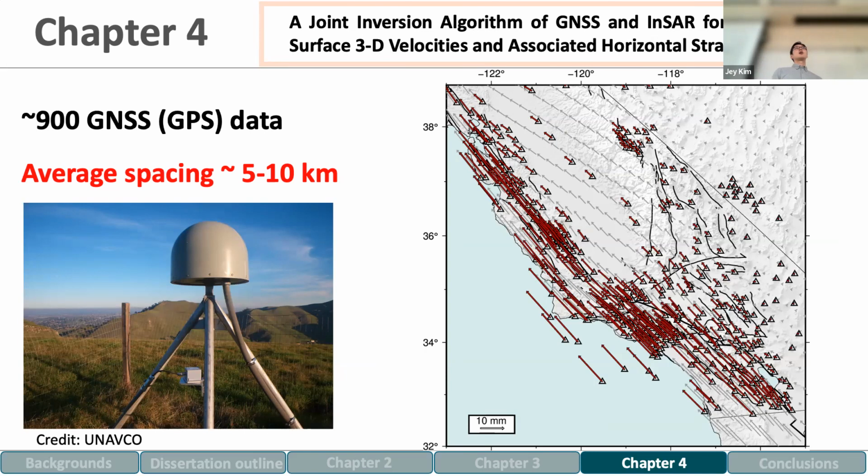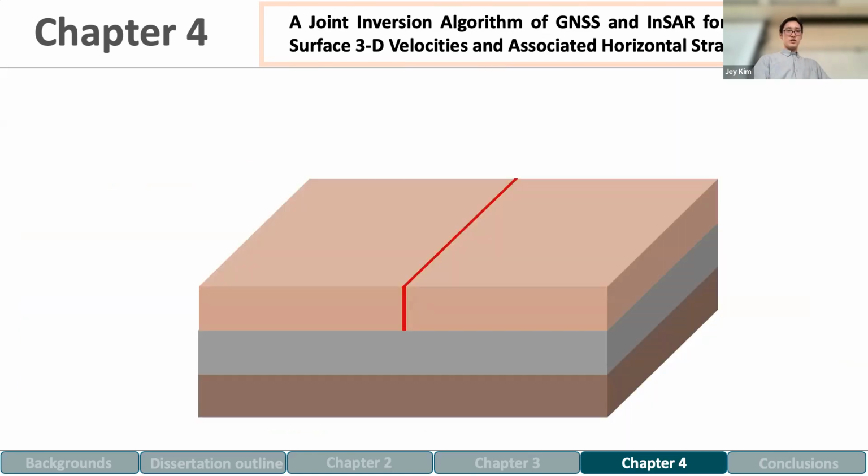Because of that, the highest spatial resolution of our deformation model is about 50 kilometers. If you try to obtain higher resolution than 50 kilometers, then your model starts to have a spatial aliasing problem, making many weird artifacts. You don't want that. So we wanted to add InSAR to fill the data gap.